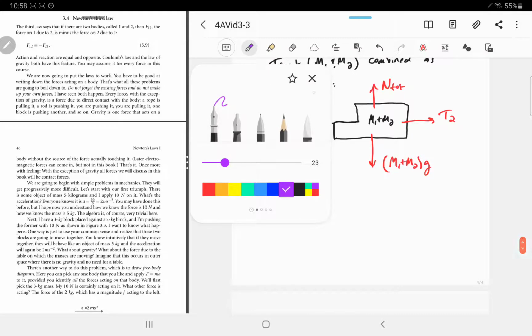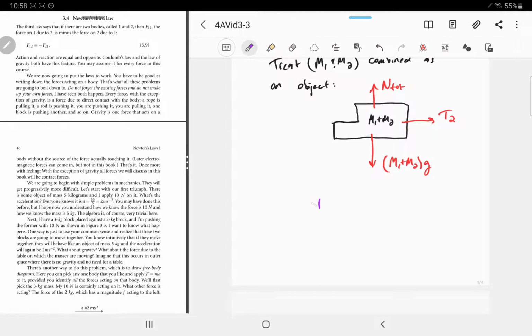So our Newton's second law equation, as applied to the horizontal direction, just becomes the sum of all the forces in the horizontal direction, T2, is the mass times the acceleration. And the total mass is M1 plus M2, times A. And here we have 20 newtons is equal to, and again, M2 is equal to 4 M1, so we can do 5M1A.